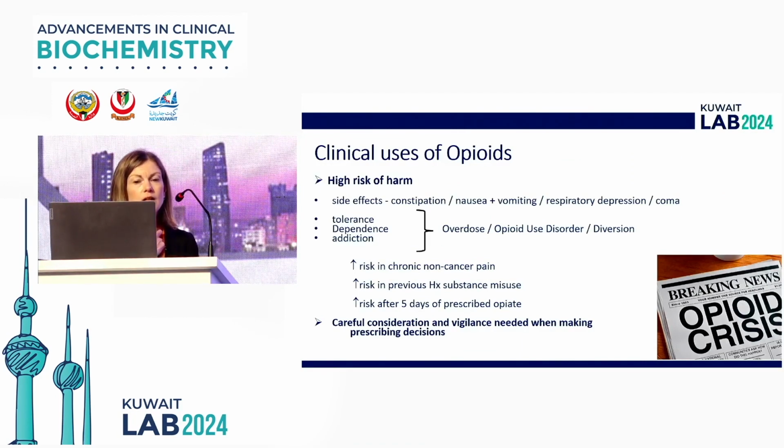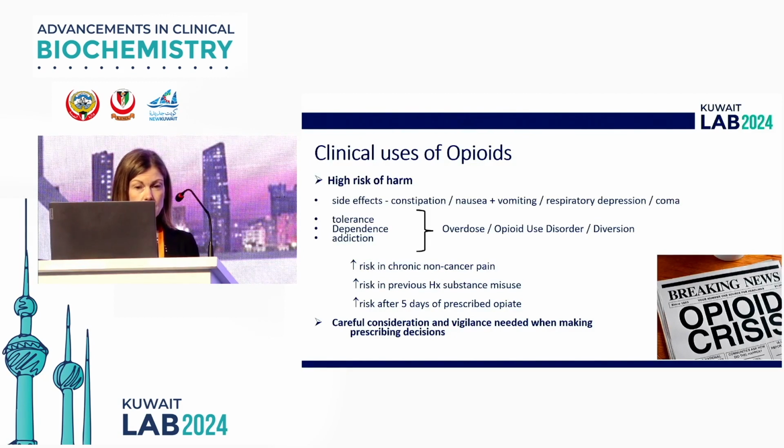The converse of this, obviously, and something that really does need to be appreciated, is that there's a high risk of harm with the use of opioids. There are side effects which are unpleasant: constipation, nausea, vomiting, ranging all the way through to respiratory depression and coma.